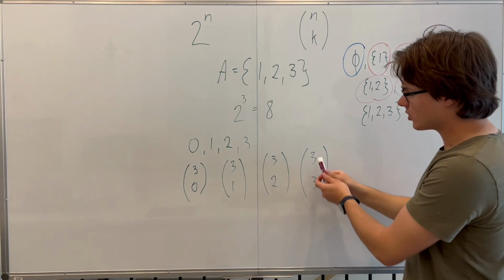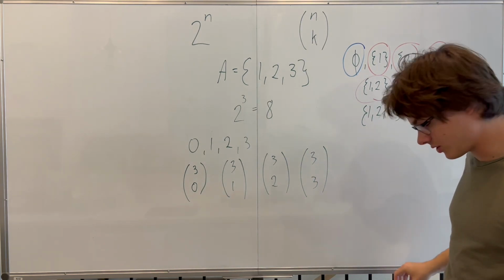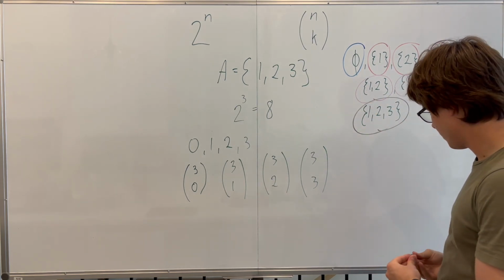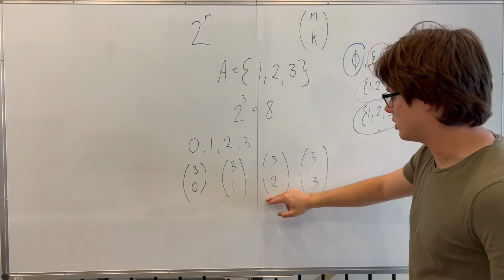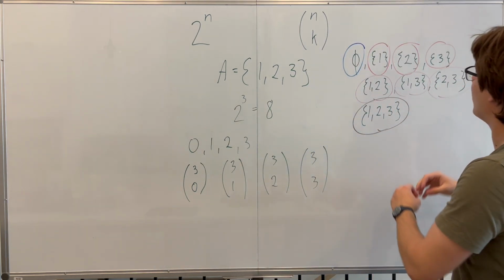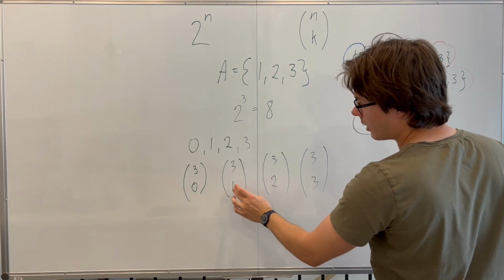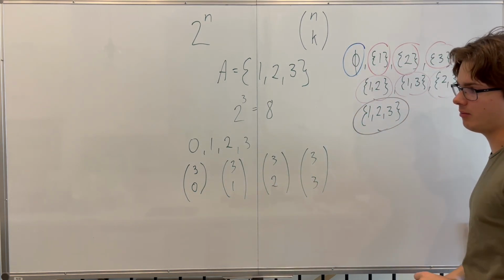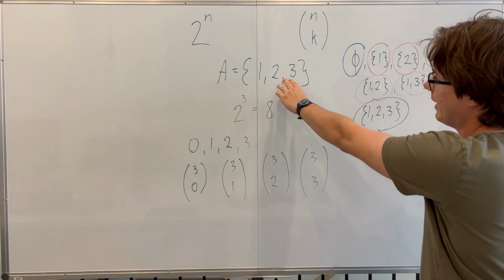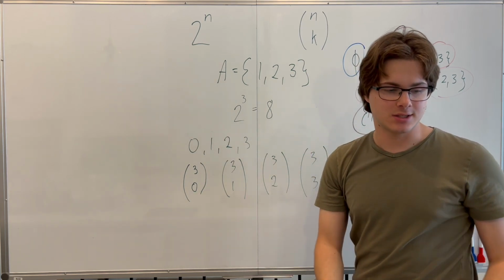And then if we want to choose all of them, there's only one way of doing that, and that's this set down here, which I'll circle in black. So all of these options that you can possibly pick out of your A are equivalent to choosing none of them, 1 of them, 2 of them, or 3 of them. You cannot choose 3 choose 4 because there are not 4 elements in A. You can't choose a negative number because that doesn't make any sense.